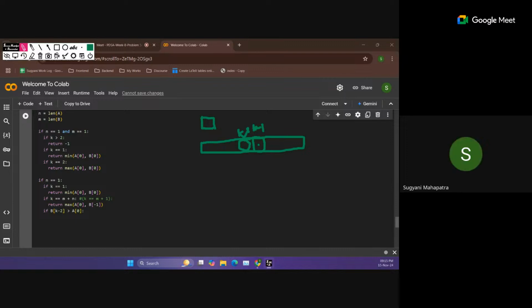You want to check with the k minus 1th element? Okay, let's check. If we have to return that, then we check that element and A of 0, whichever is bigger, we return. Why do you want to return that? See, if my k minus 1th element is greater than A of 0, then my A of 0 lies somewhere over here and my k minus 1th index will shift.